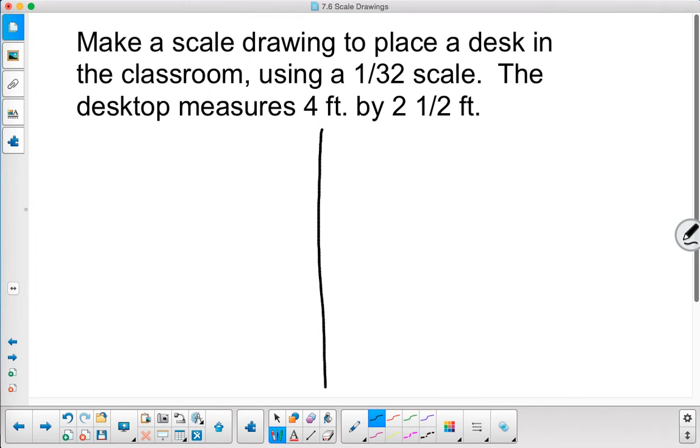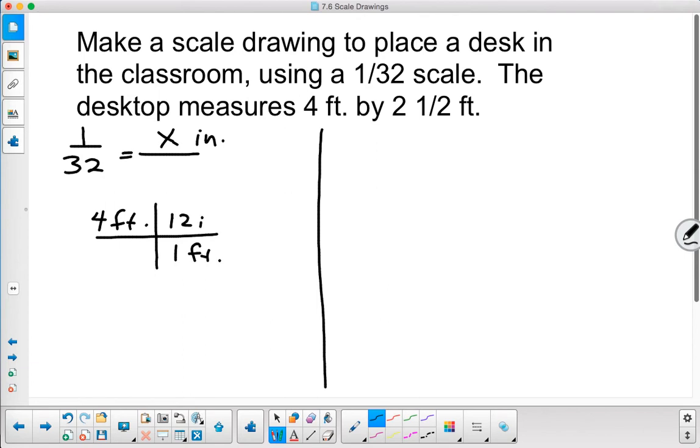Okay, the 2 conversions you should have done. 1/32 equals x over, let's do it in inches. So let's see, 4 feet into inches. Should have been 48 inches. So put 48 inches.